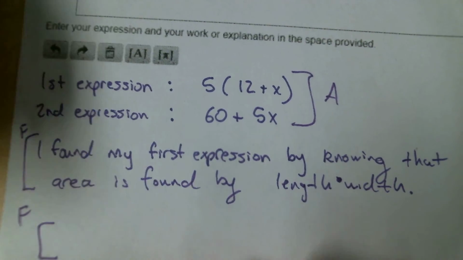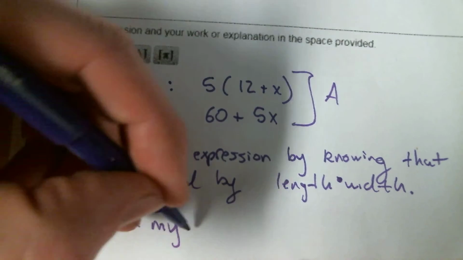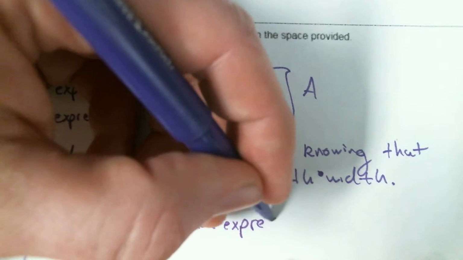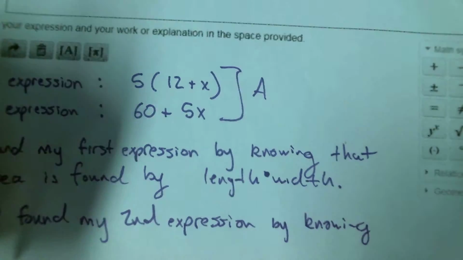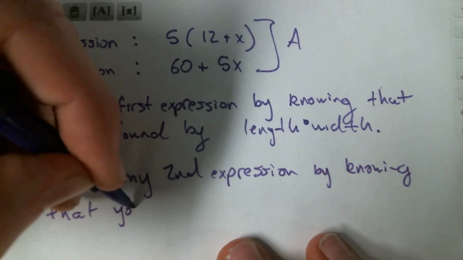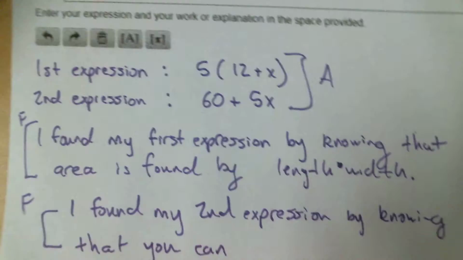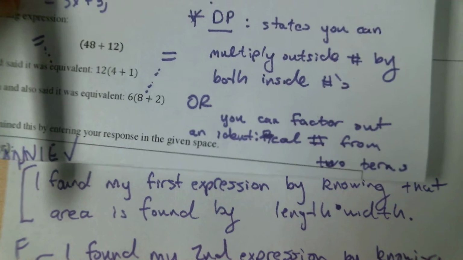How did we get our second expression? I found my second expression by knowing that you can multiply, well, can you tell me about this outside number by those insides? Think back to our distributive property long-term memory chunk.